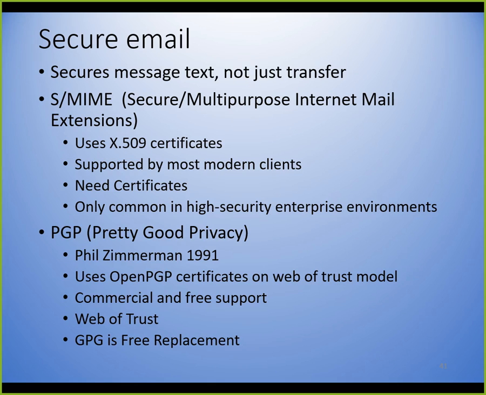PGP, Pretty Good Privacy, was the first open source encryption and certification software that was available. He actually got in trouble for it because it was considered a crime at the time.